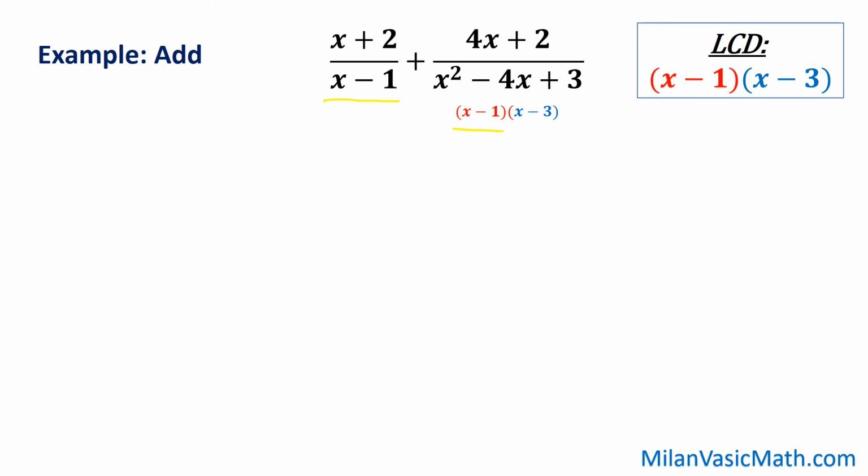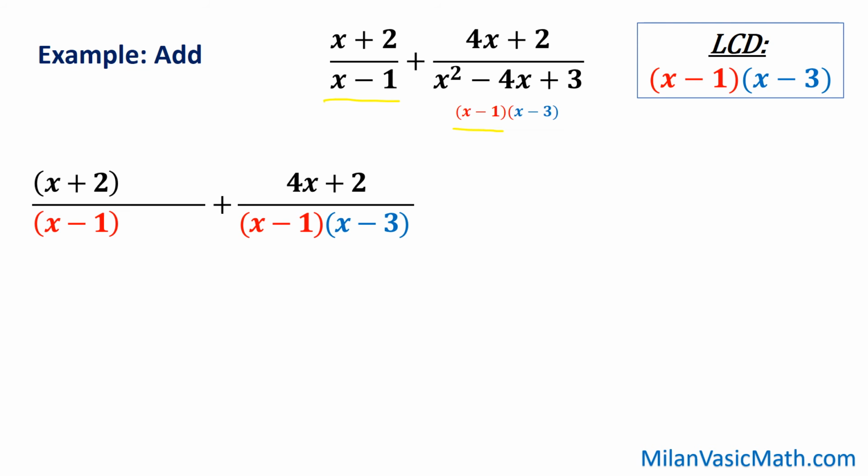Since the second fraction has that already, I just need to give myself more room in the first fraction, doing that right here by extending it longer, and multiplying the numerator and denominator by x minus 3.